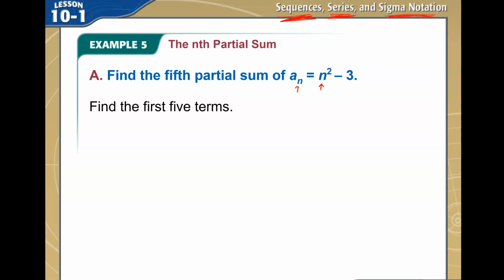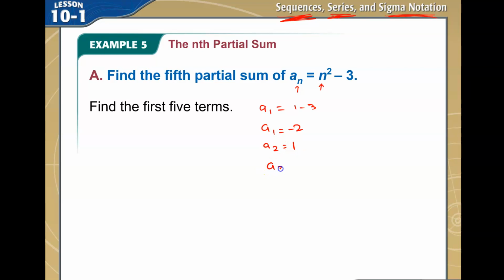So like right here, find the first 5 terms. It's going to be a1 equals 1 squared is 1, minus 3. So a1 is equal to negative 2. Correct? Then let's find a2. 2 squared is 4, 4 minus 3 is 1.